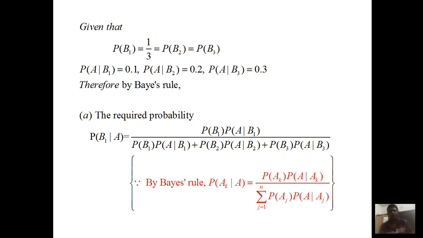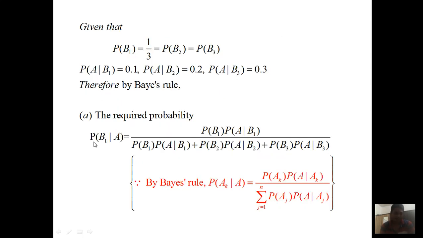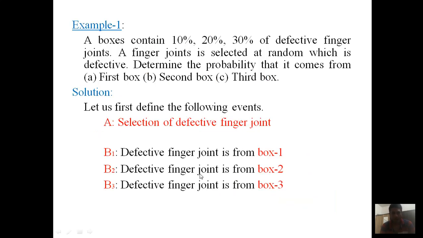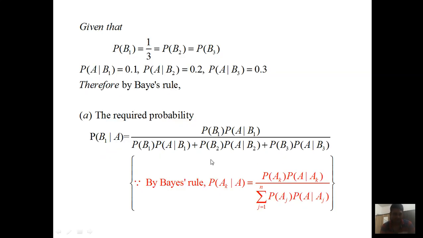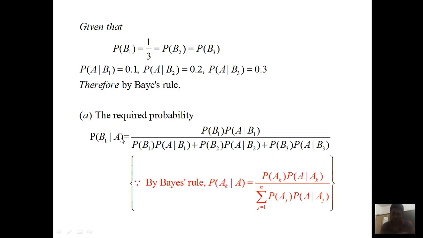Next, we have to apply the Bayes rule. The required probability we have to find first is the probability that it comes from the first box, so probability of B1 given A. This can be represented as the probability of the defective finger joint coming from box B1 when the defective finger joint is already selected.